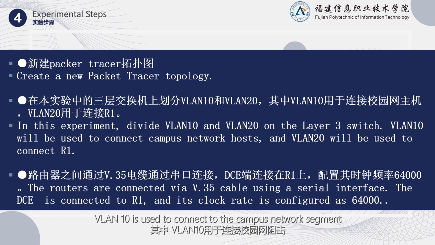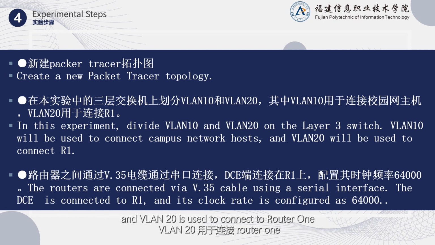VLAN 10 is used to connect to the campus network segment, and VLAN 20 is used to connect to router 1, which is a router. The routers are connected via V35 cables, which are serial interface cables, with the DCE end connected. The clock frequency of 64000 is configured on the DCE.